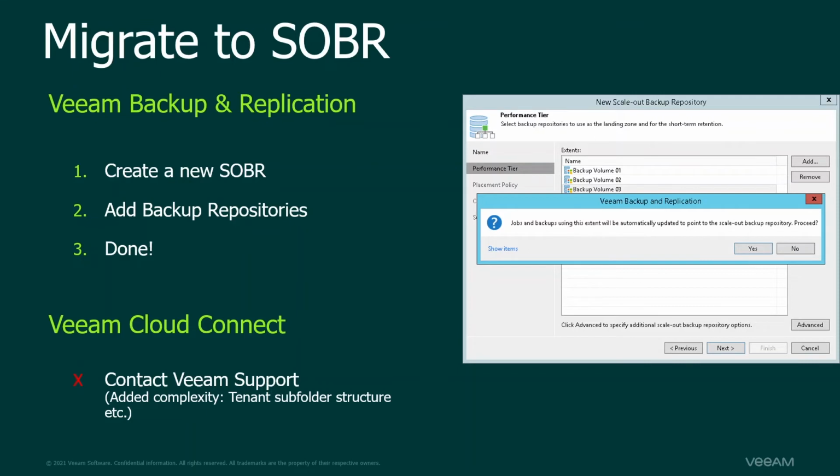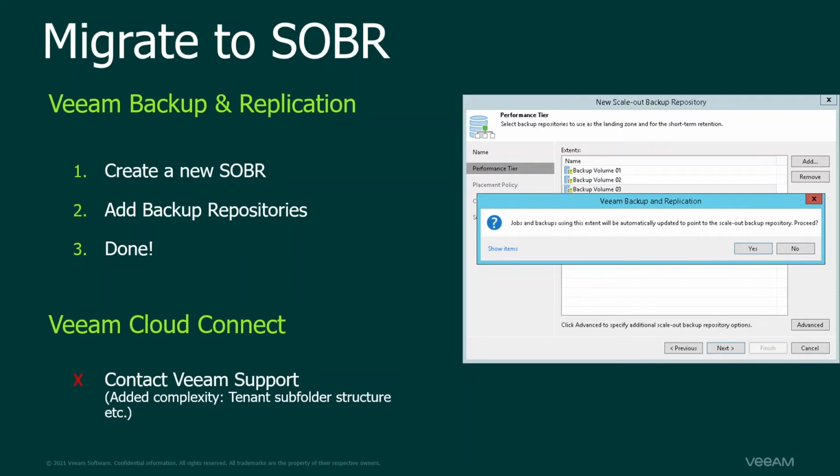It's possible that you add an empty scale-out backup repository to Veeam Cloud Connect. Then you go to your tenants and give them all a new cloud repository that resides on that scale-out backup repository.